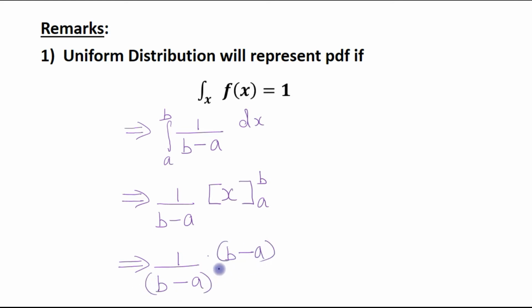So this will be cancelled out and this is equal to 1. So integration of f(x) is equal to 1. Thus we can say that uniform distribution will represent PDF.